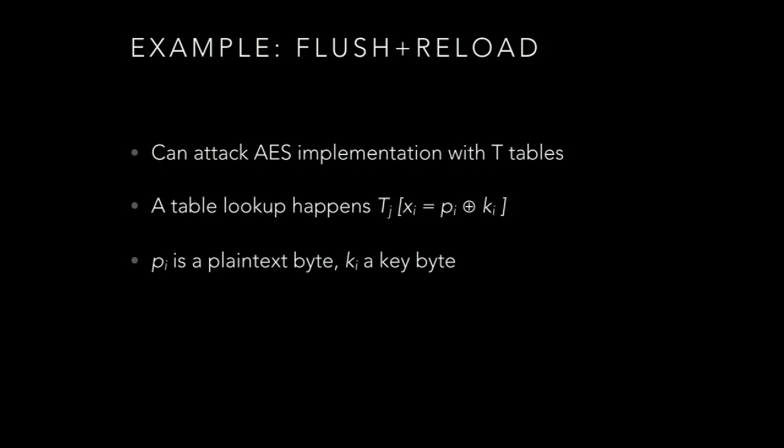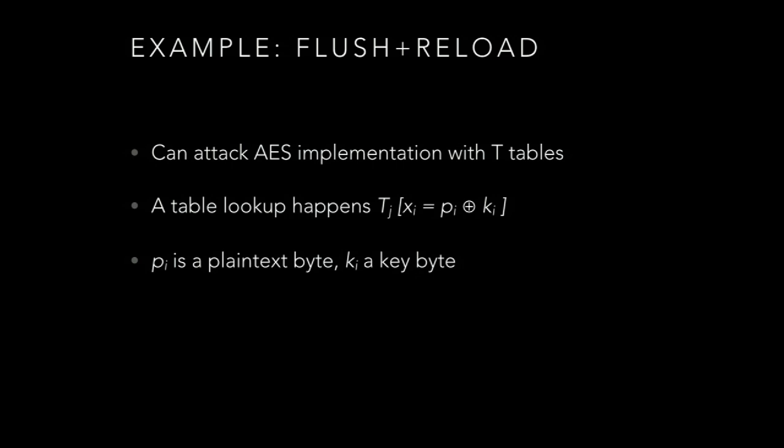So let's look at an example of an attack that we can do with this. Let's say we have an AES implementation. AES, of course, uses a secret key that's supposed to remain secret. But let's say the implementation has a flaw: it uses what we call T-tables. This means that in the process of encrypting something, the AES implementation will look up in a pre-computed table to speed things up.